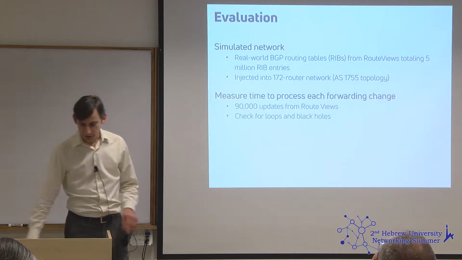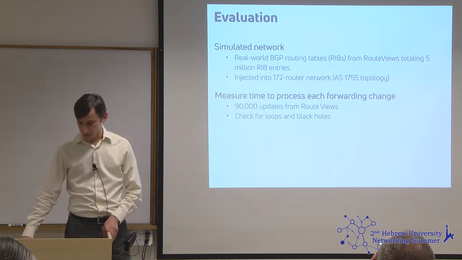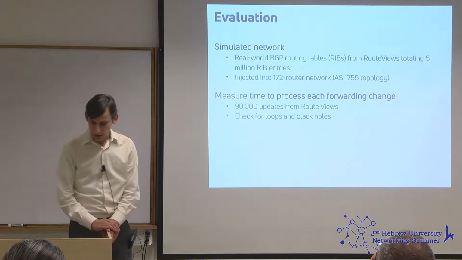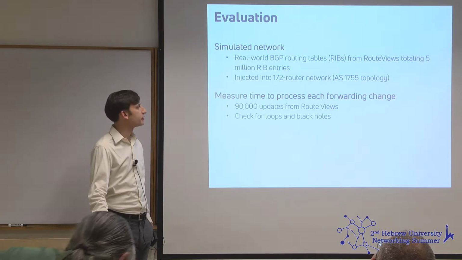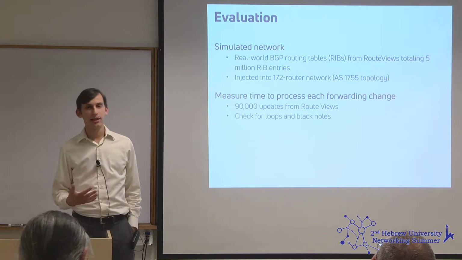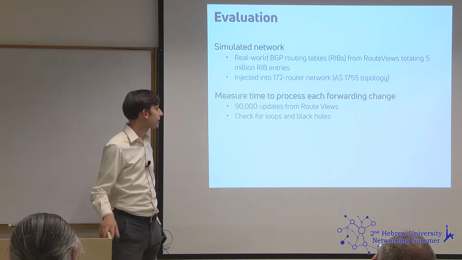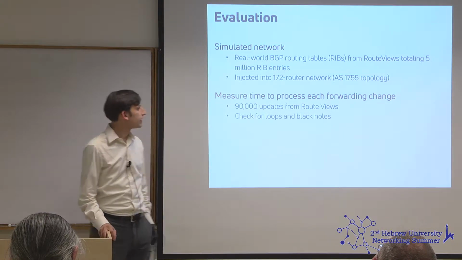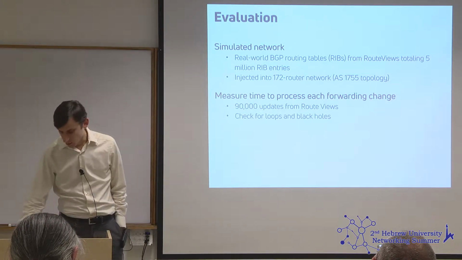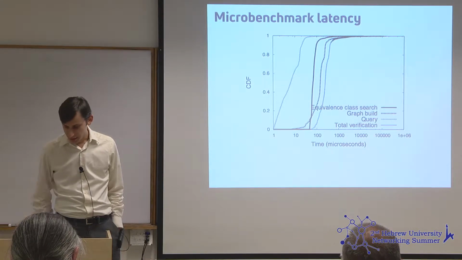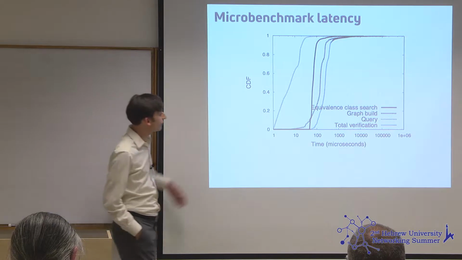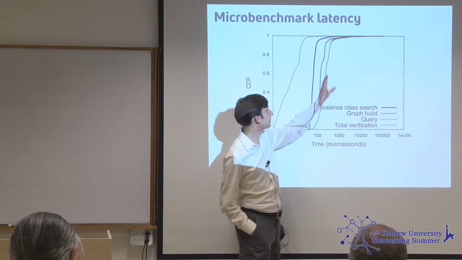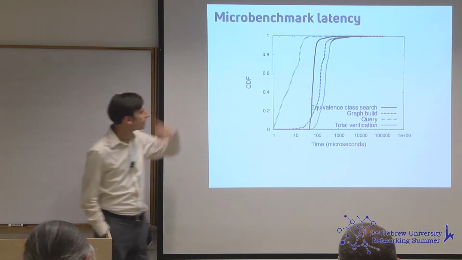Okay, so to evaluate VeriFlow, we simulated a similar network, although this was now injected with real-world routing table updates taken from live internet measurements from RouteViews. And we were checking for loops and black holes in this case as the properties. And I'll just show one evaluation graph. This is a CDF, and you want to look at the total verification time as the rightmost line there in the CDF.